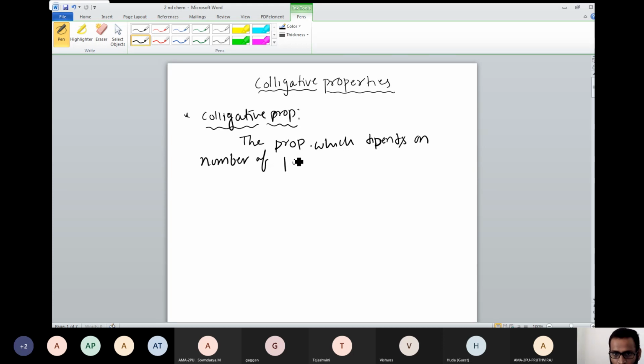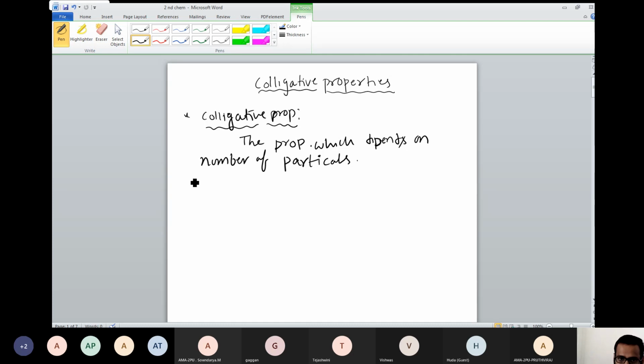Number of particles. Most importantly, colligative property means the property which depends on the number of particles present in solution.